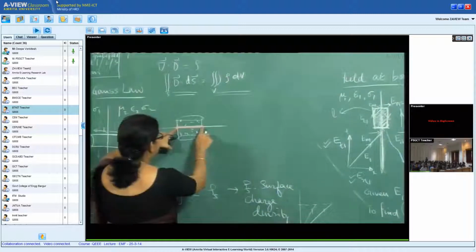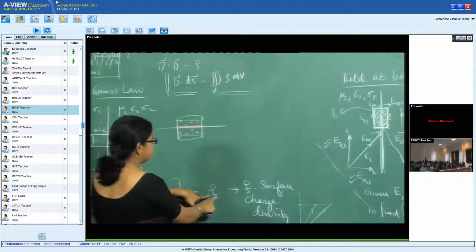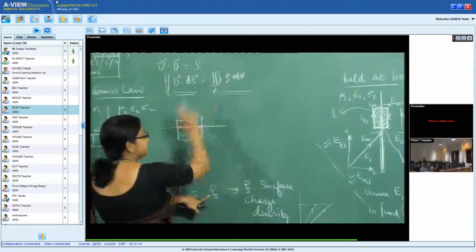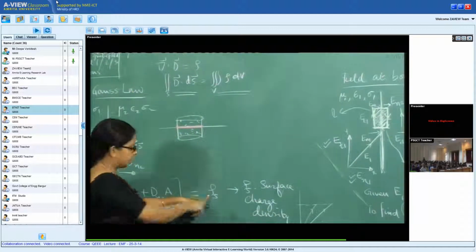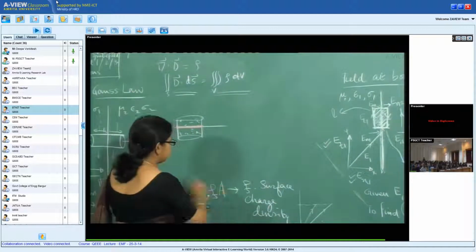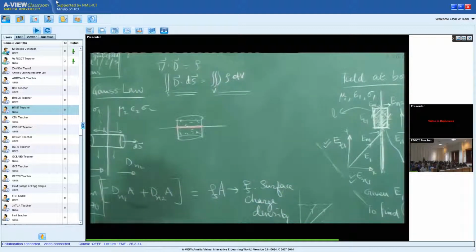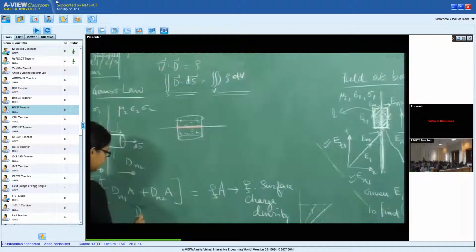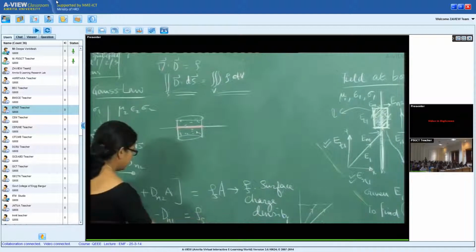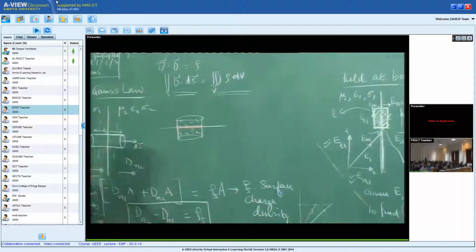So if I have an area with rho s as the surface charge density, the right side is a total charge. So the total charge should be rho s times area. Putting these two together, I get dN2 minus dN1 is rho s.